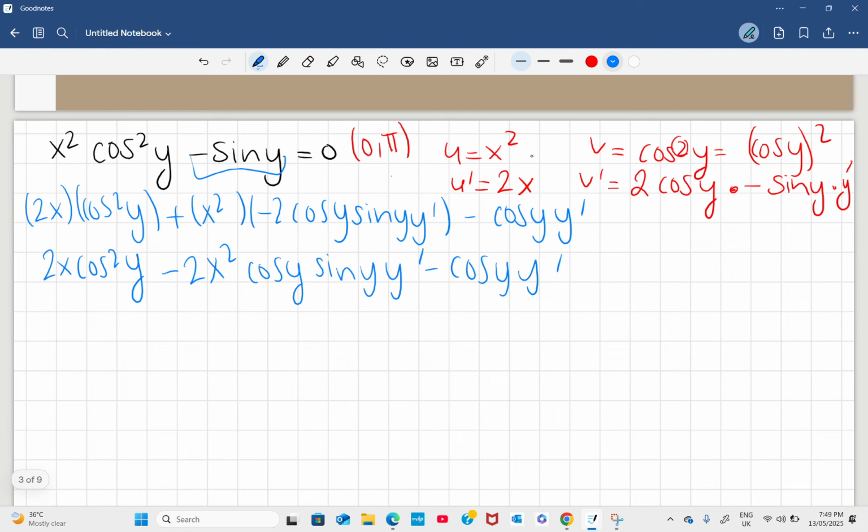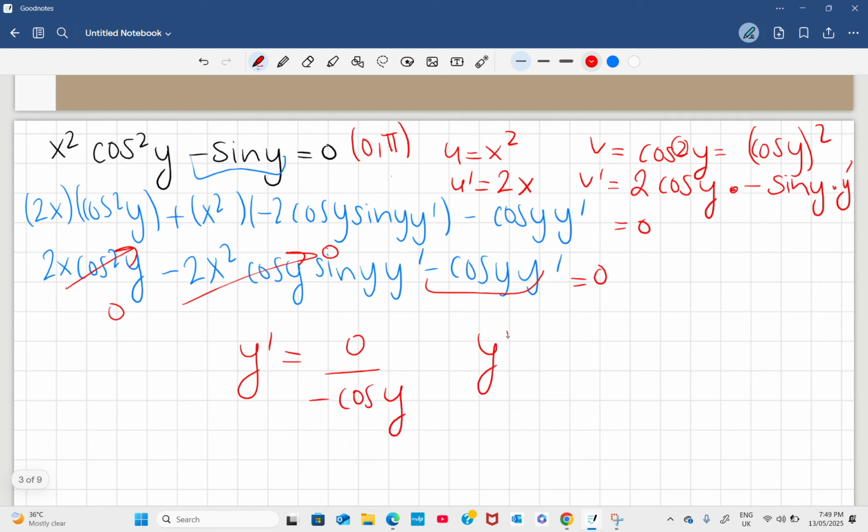Now everything that has x is gonna go because I need x equals 0. So this is 0, kill it. So I'm left with negative cosine y prime equals 0, obviously. I keep forgetting to add that. So I'm gonna get y prime to be 0 over negative cosine y, and so my y prime is 0.